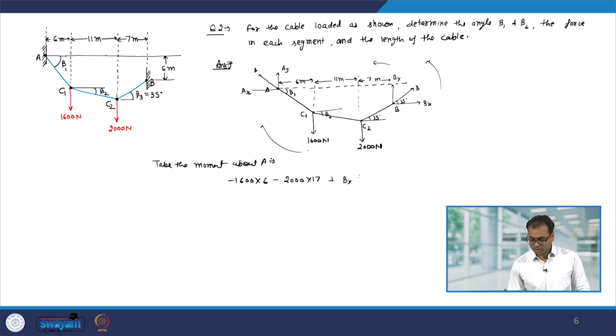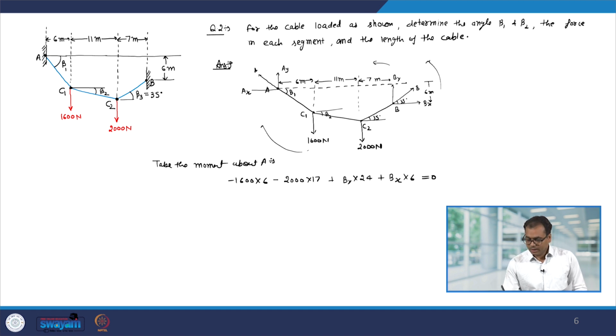So, I have taken it positive, into perpendicular distance 6 plus 11 plus 7, so that will be 24, plus Bx into 6, because this is 6 meter, and this has to be equal to 0.